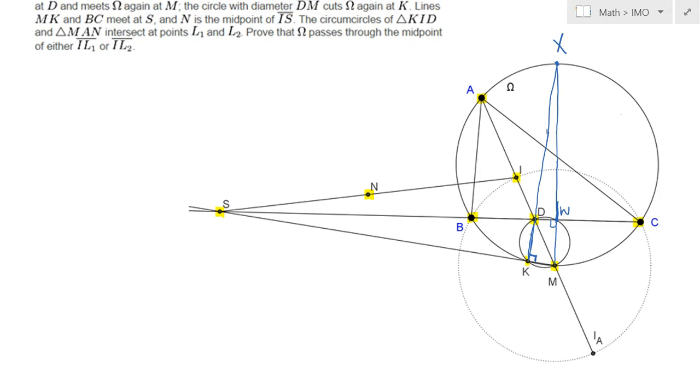Now, thirdly, this is where things start getting interesting. If I extend XA, I claim that it will meet the point S, and the reason is very simple. If you focus on triangle XSM, obviously D is the orthocenter. Why is that? Because XK is an altitude, as is SW in triangle XSM.